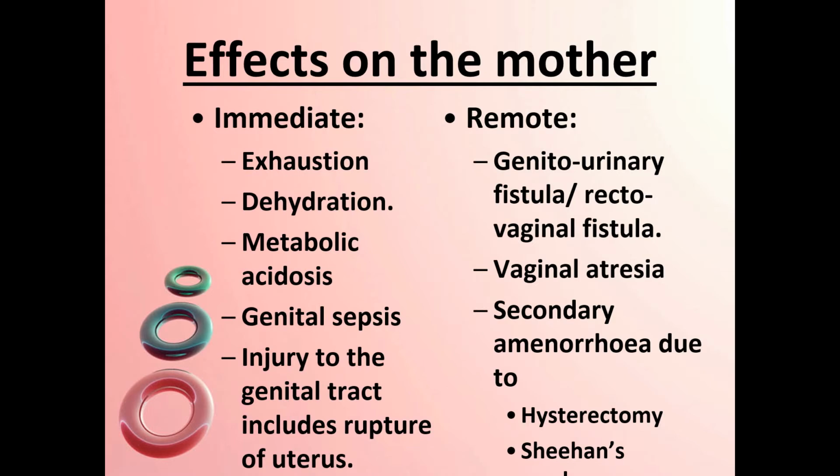And later, as we already discussed, she can have vesicovaginal fistula, rectovaginal fistula, and even secondary amenorrhea. If the patient has a rupture uterus, the doctor might have to do a hysterectomy, or even because of the hemorrhage, she can have Sheehan's syndrome.